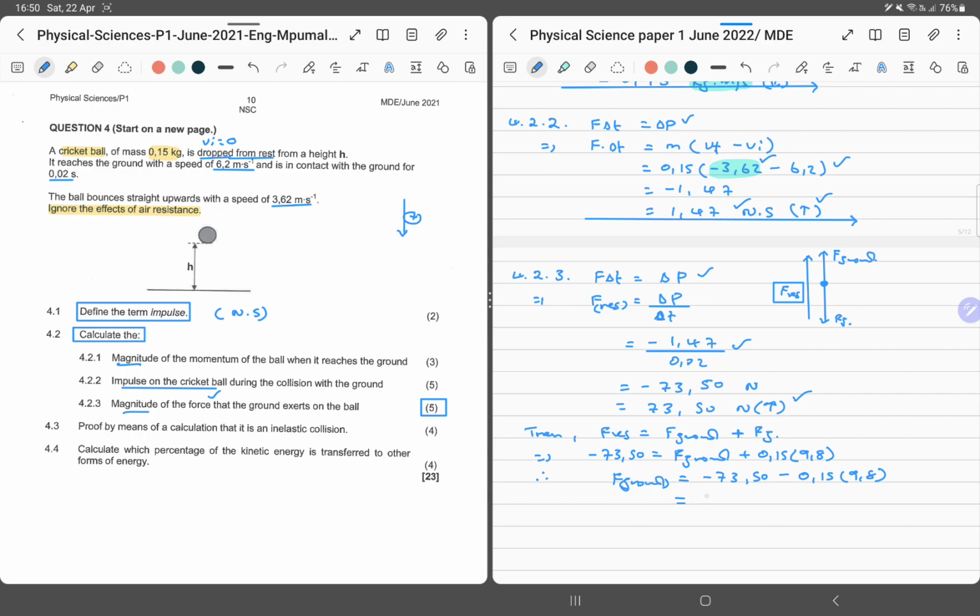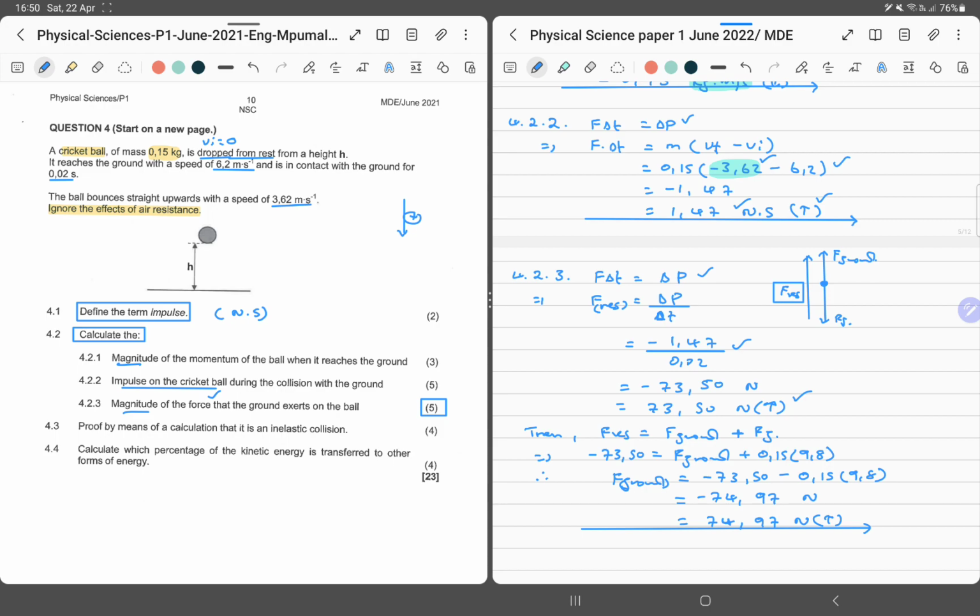It gives us 74,97 newtons. Now remember, this is now 4,97 newtons upwards. So please, guys, make sure you are well orientated and you understand the science, because sometimes you will get clues as to why things are the way they are.